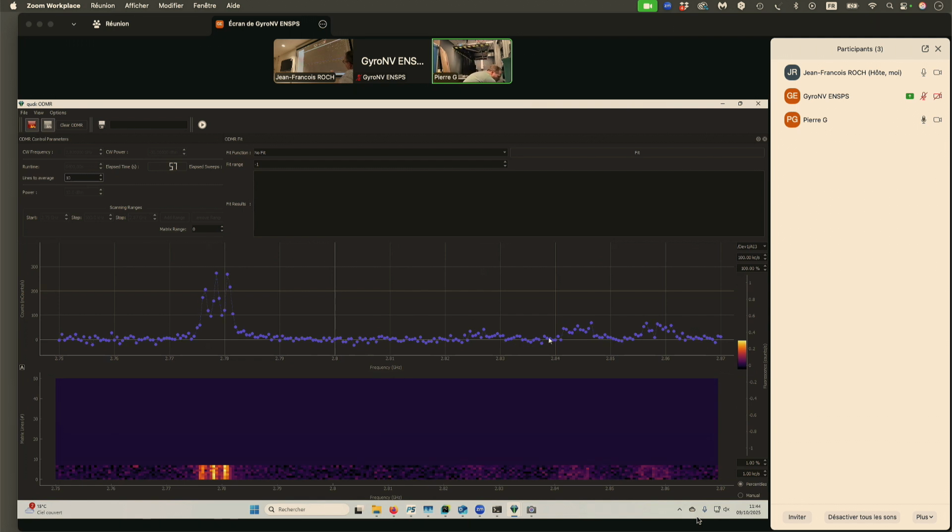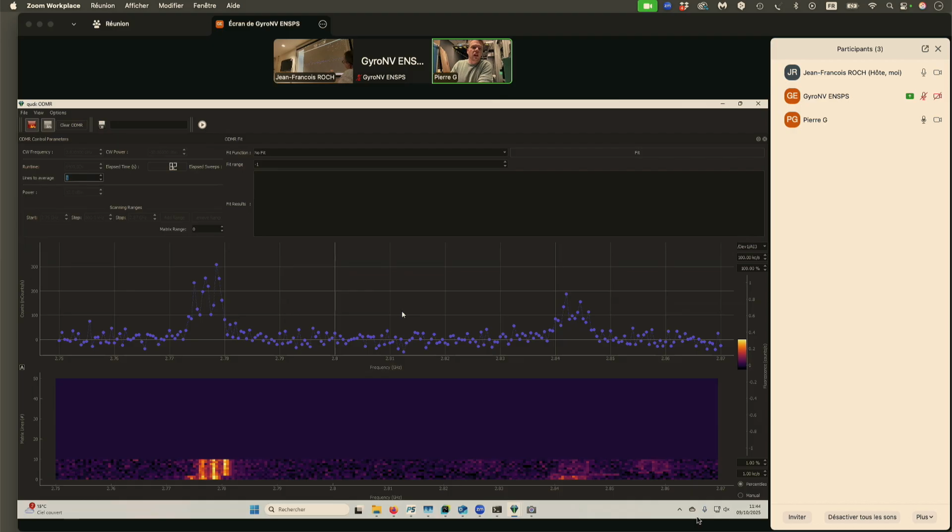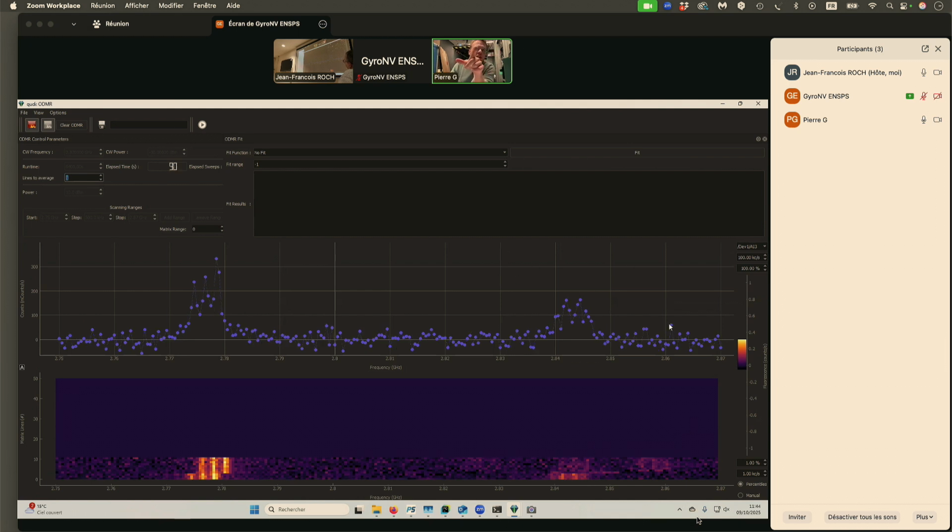So when I change the magnetic field back, I just got back to the first configuration you saw, and now all the 3 families we had before on the right are merged into only one signal.